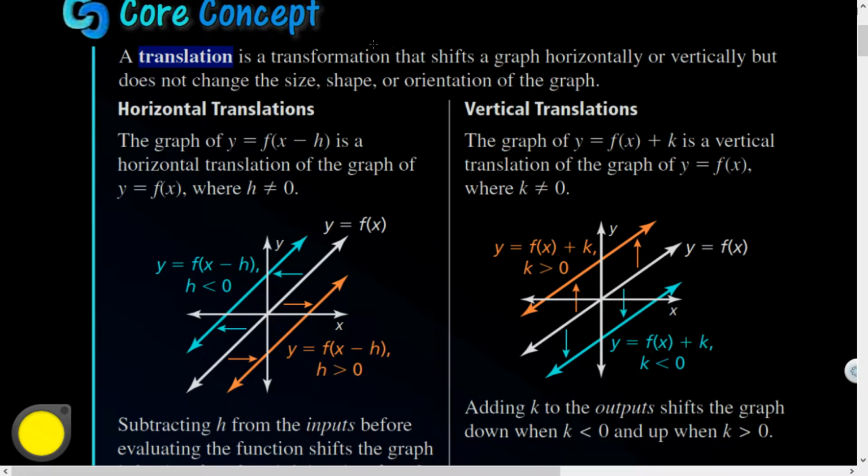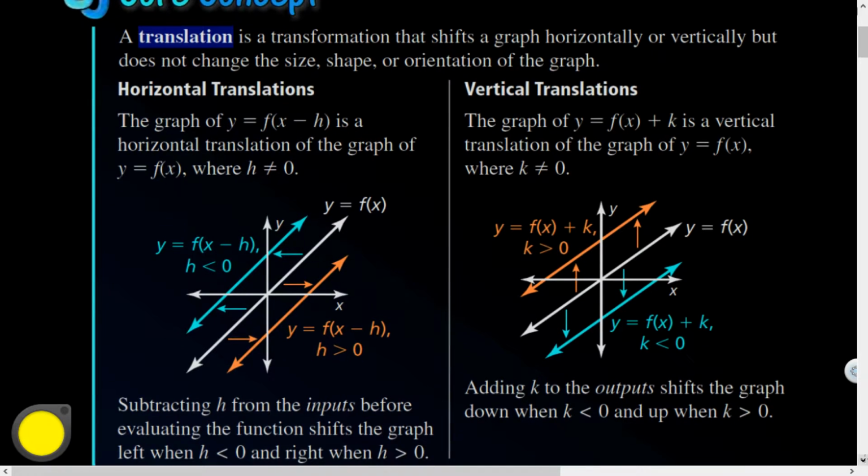A translation is a shift horizontally or vertically, but does not change the size, shape, or orientation of the graph.